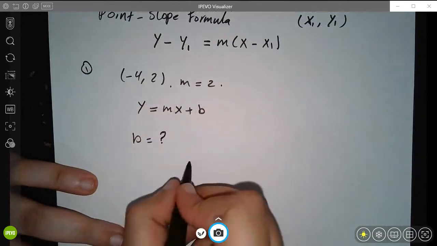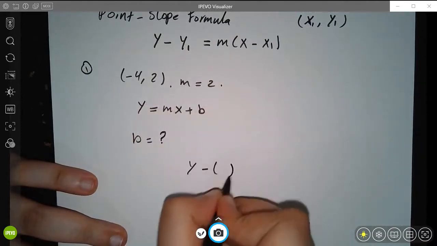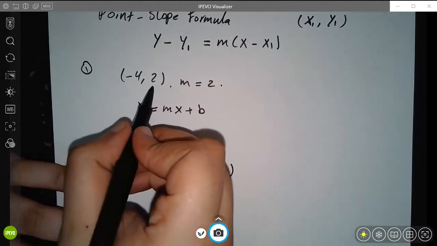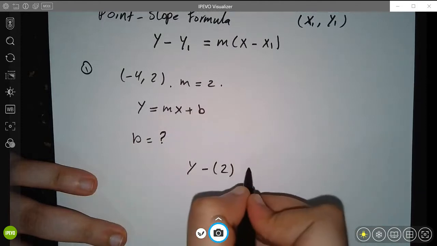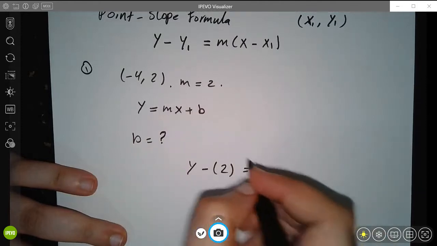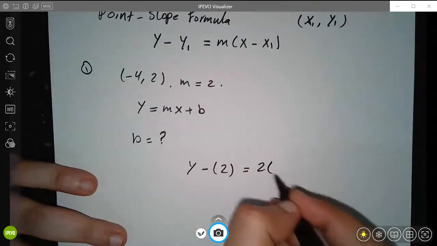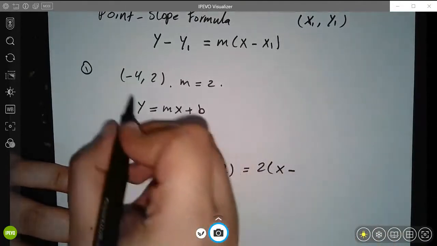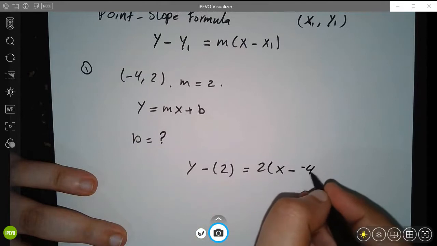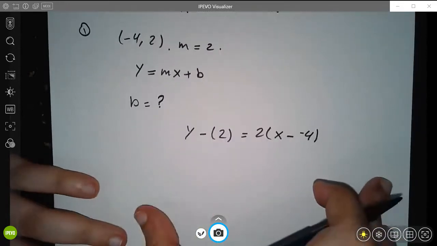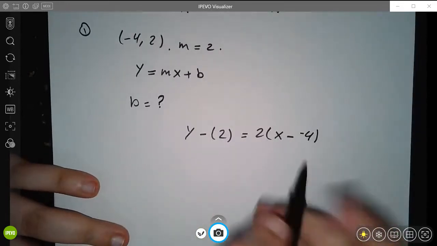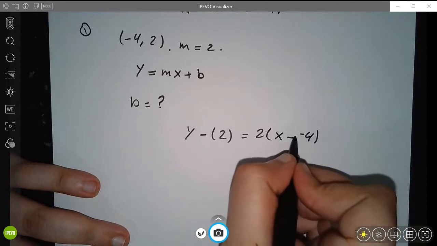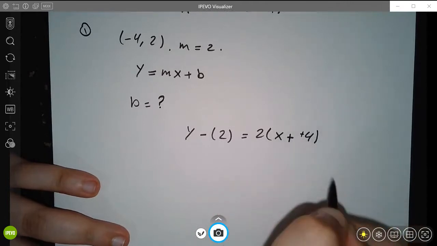So we have y minus y1, which according to the point is 2, which equals m, which is 2, times x minus x1, which is negative 4, like that. Since these two are both negative, that turns positive.